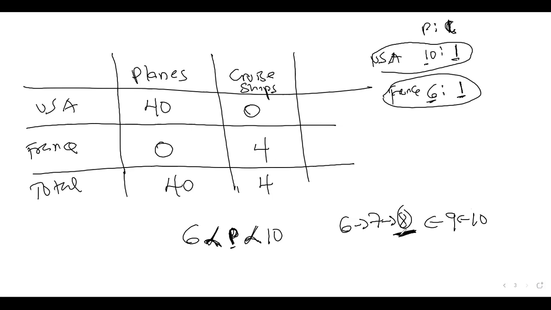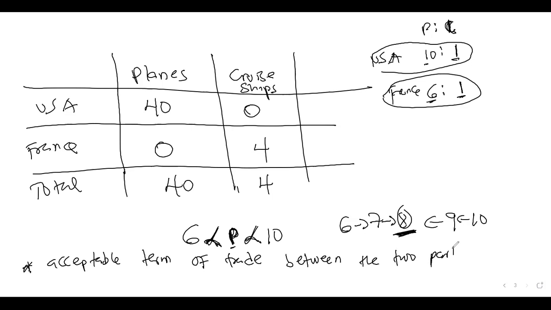So the acceptable term of trade between the two parties is 1 cruise ship for 8 planes.